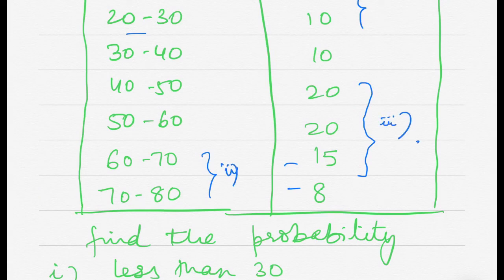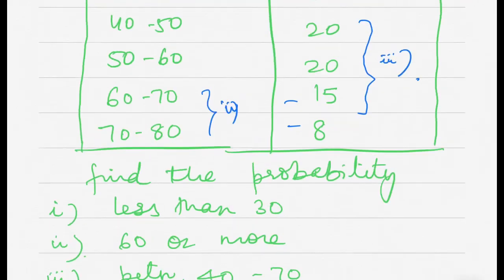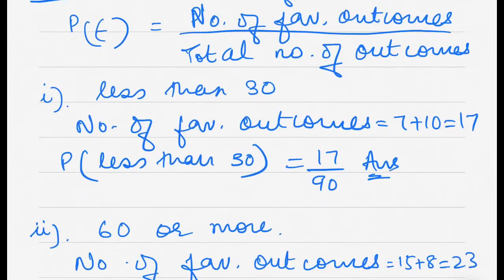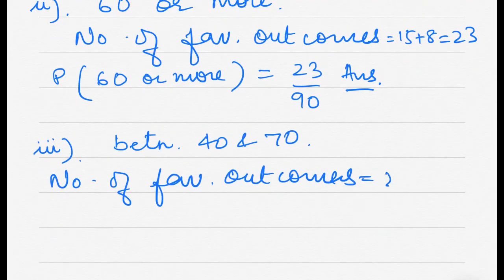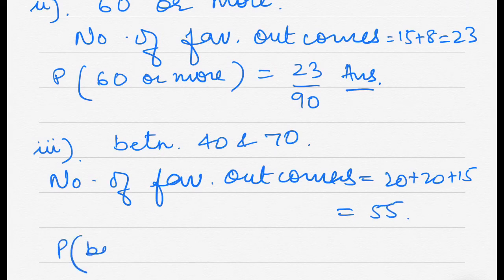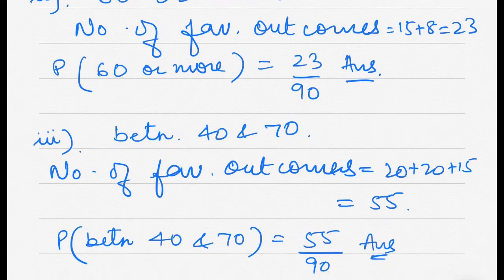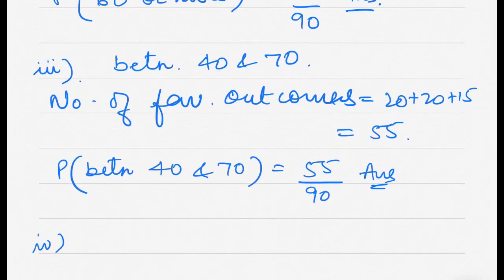So 20, 20 and 15. So the number of outcomes is 20 plus 20 plus 15, which is equal to 55. So the probability of students getting marks between 40 and 70 will be equal to 55 by 90. That's the answer.